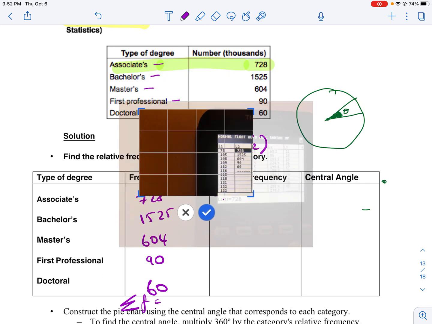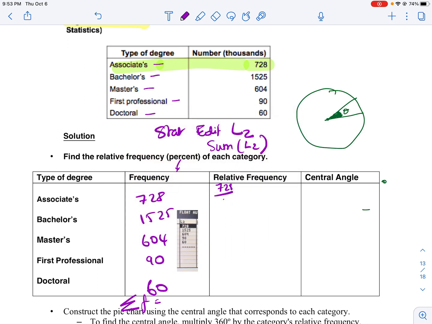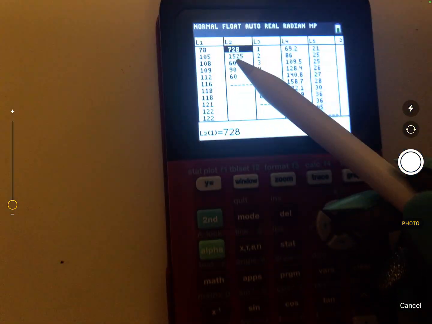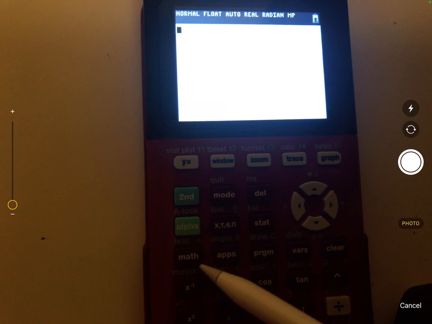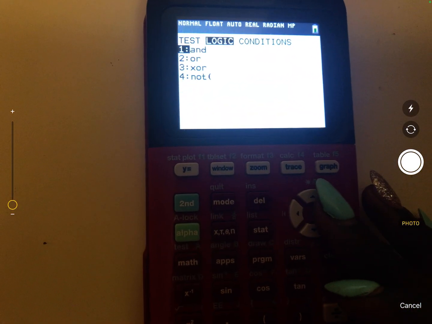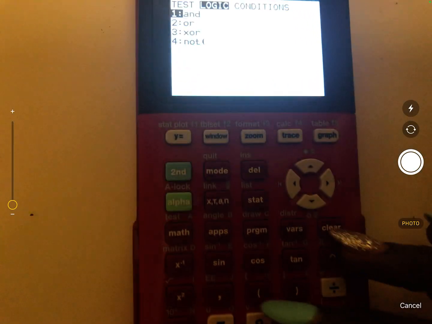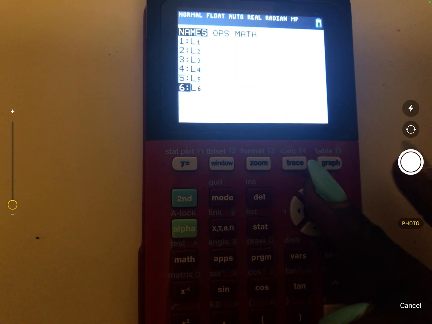And then the next thing I'm going to do is find the sum of that. For me to find the sum of this, I do second quiz. And I believe I showed you last time the sum was under second function, list.